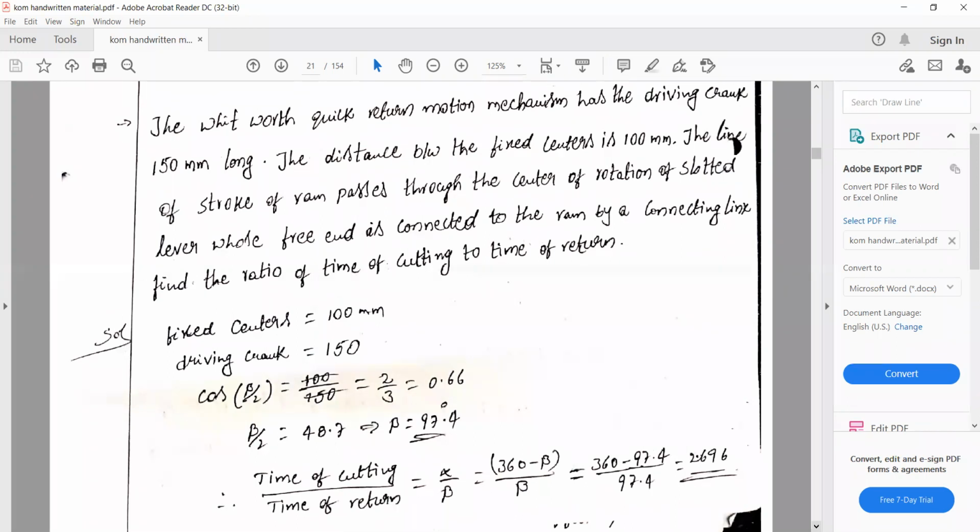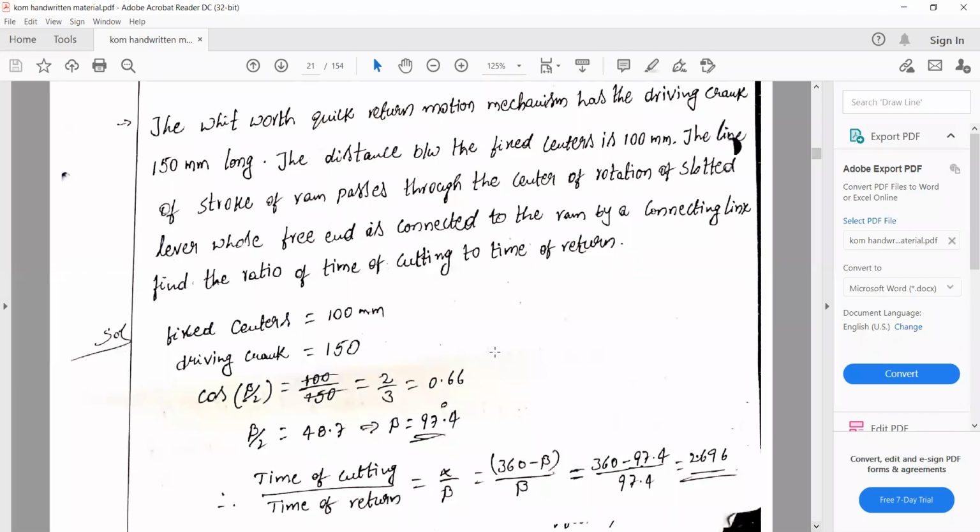The line of stroke of the ram passes through the center of rotation of the slotted lever, whose free end is connected to the ram by a connecting link. Find the ratio of the time of cutting to the time of the return stroke.